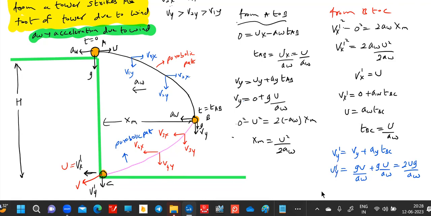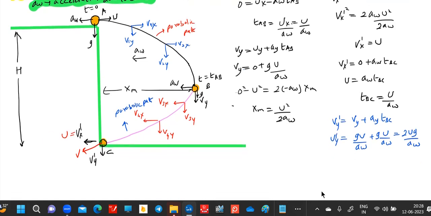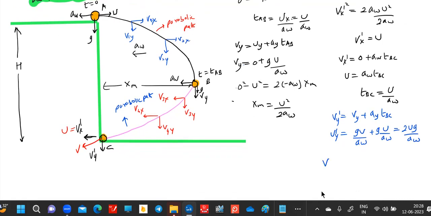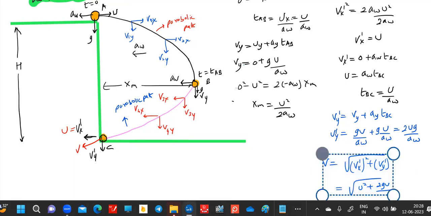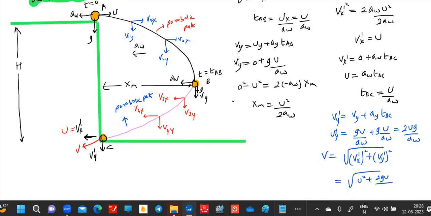Finally, with what speed will it strike? It will strike with a speed of the square root of u squared plus (2gu/AW) squared, up to all these quantities. Let me move this a little bit.